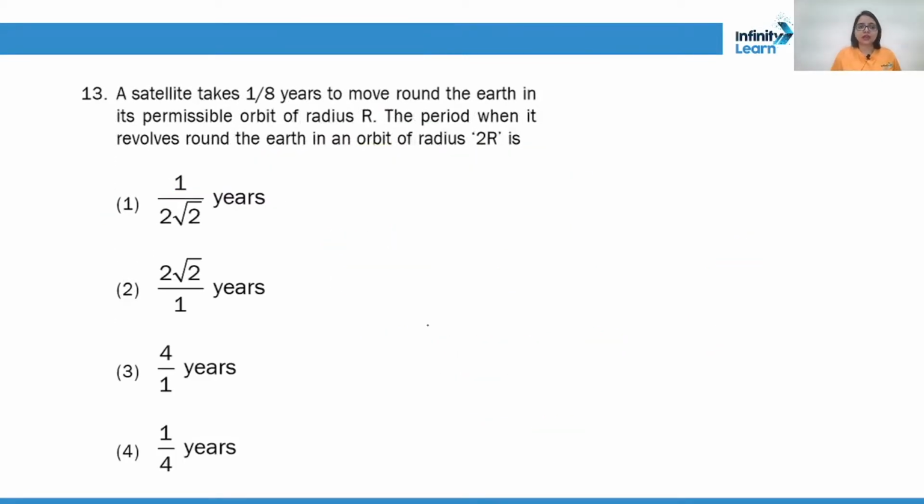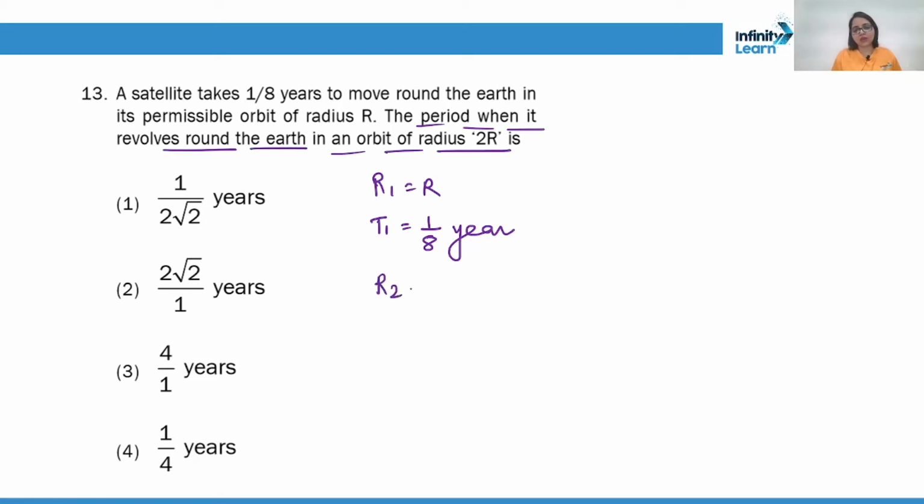Question number 13. A satellite takes 1 by 8 years to move round the earth in its permissible orbit of radius r. So in the first case, r1 is given as r and time period t1 is 1 by 8 years. The period when it revolves around the earth in an orbit of radius 2r. So r2 is 2r and we need to find the value of t2. You can apply Kepler's third law for solving this question.